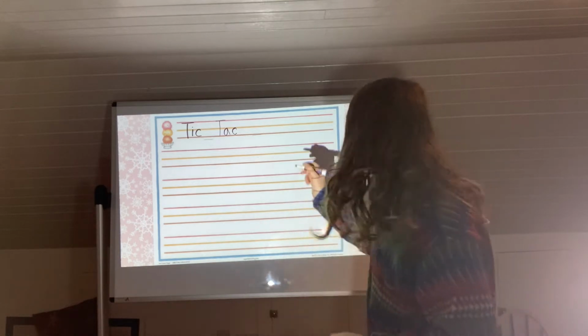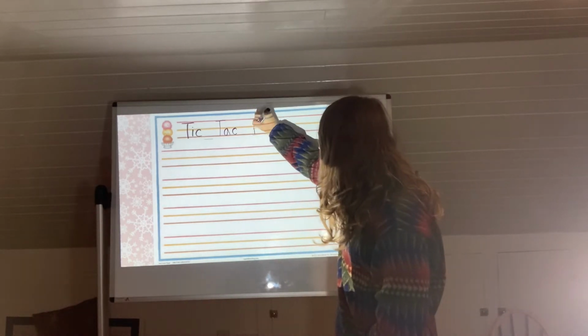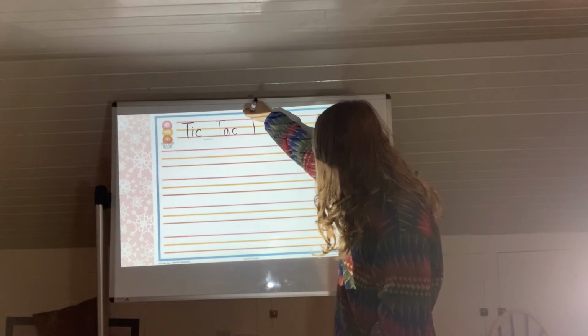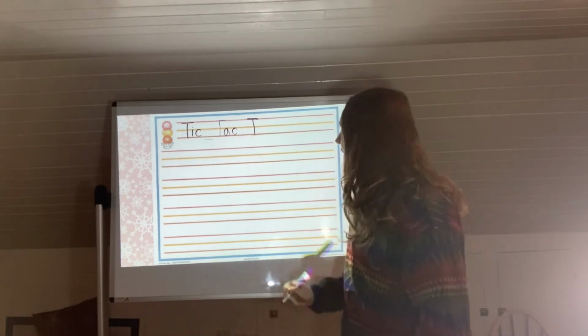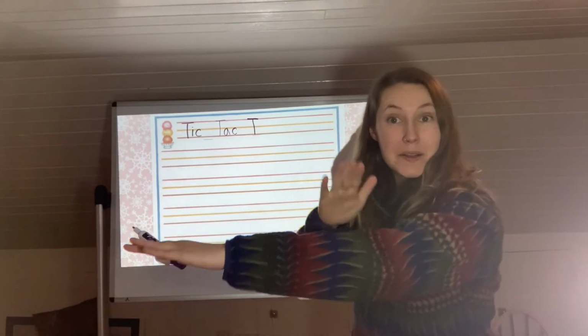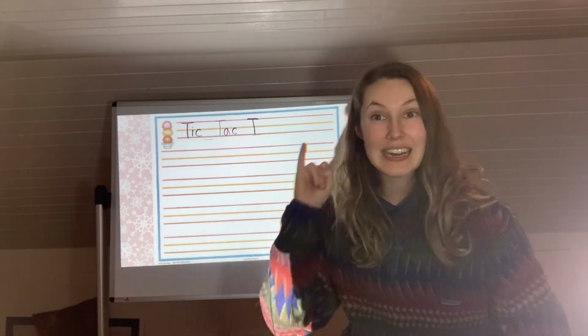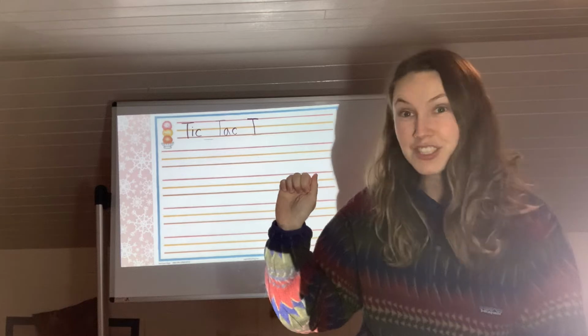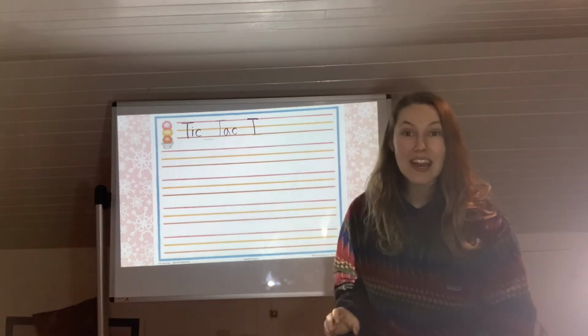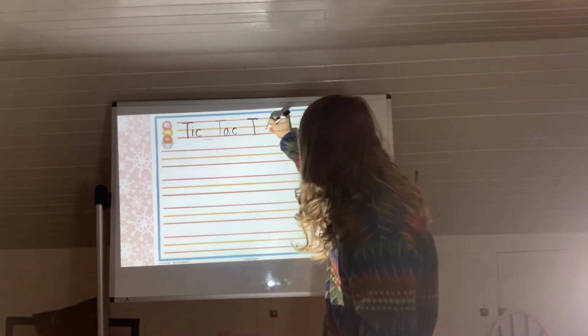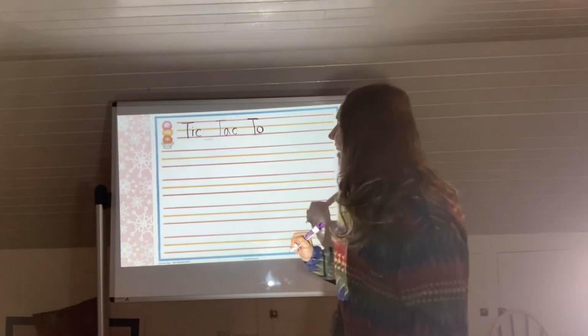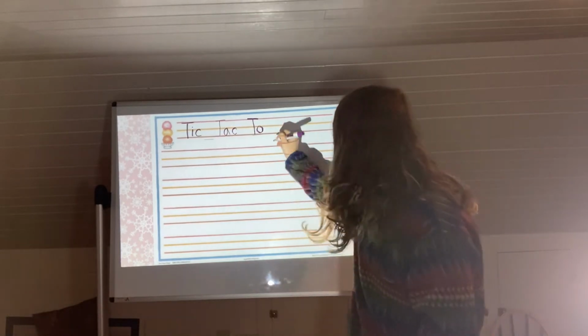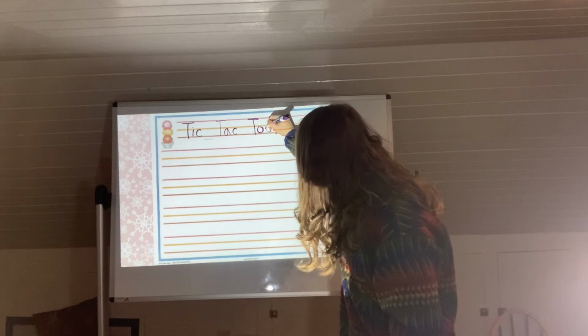We're going to start the same way with an uppercase T. And now that middle sound that we need, it's not an I, it's not like Tick's name, and it's not an A, it's not like Tack's name. We need that letter O. And then we're going to end it the same way with a C.